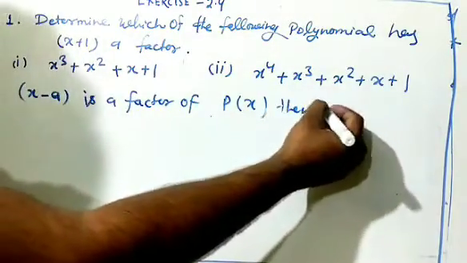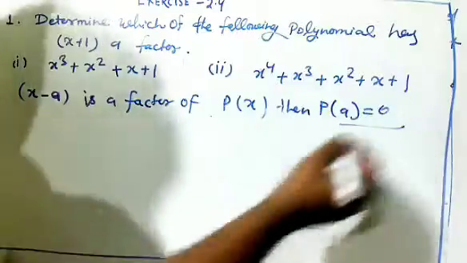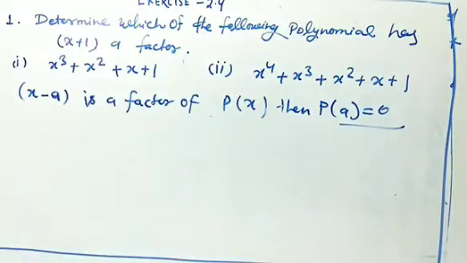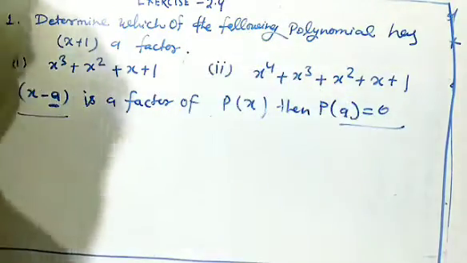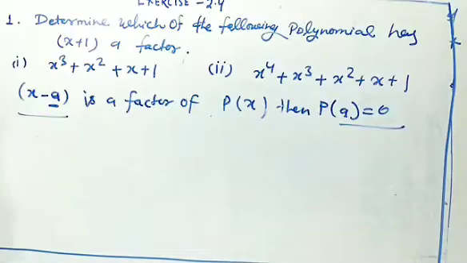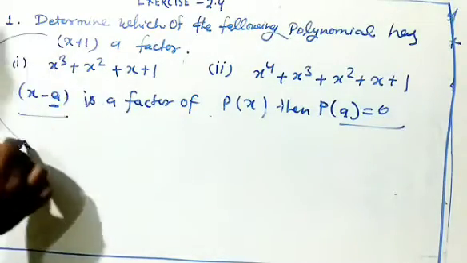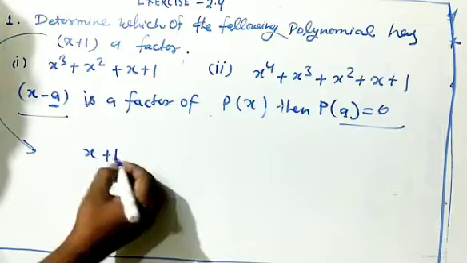Then p of a will be 0. If x minus a is a factor of p(x), then on putting the value a, p(a) will be 0.